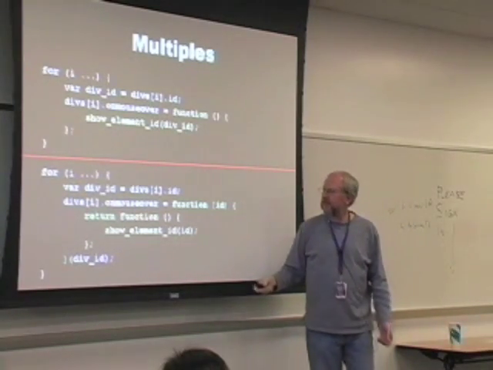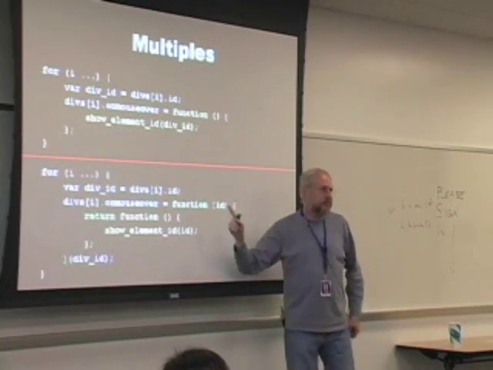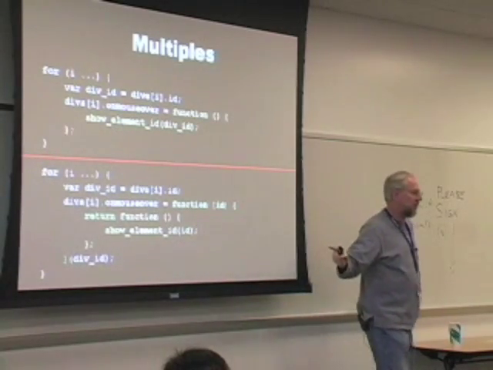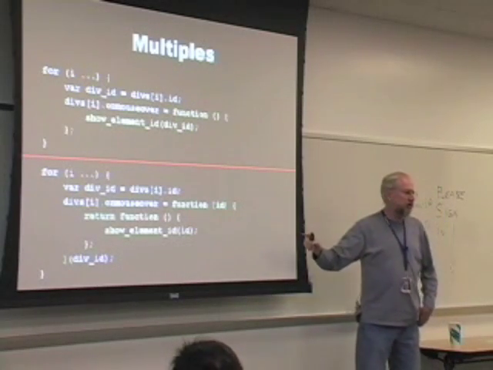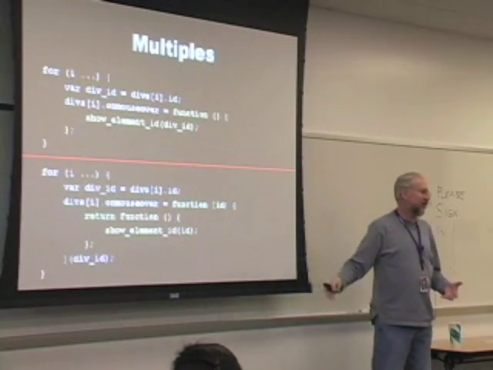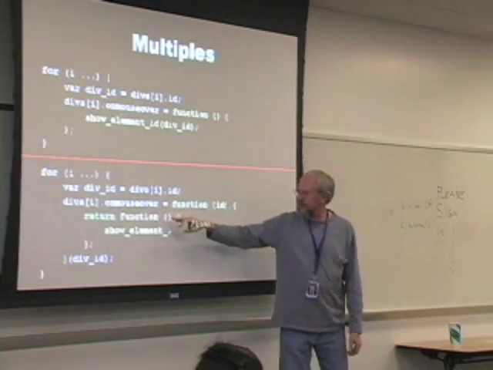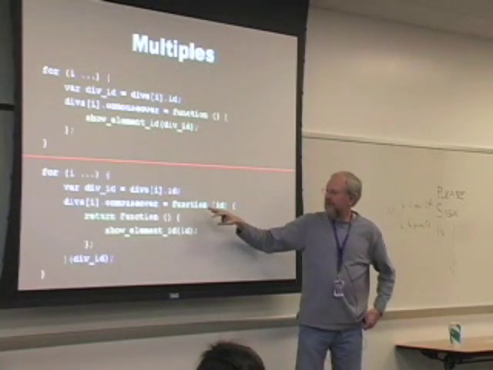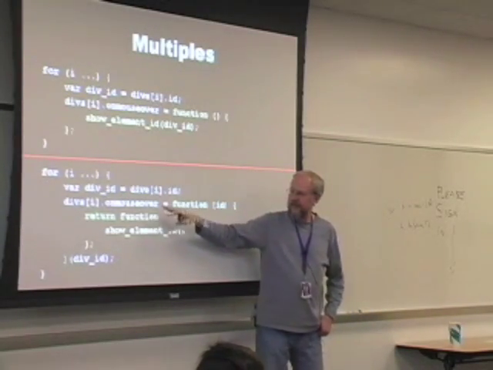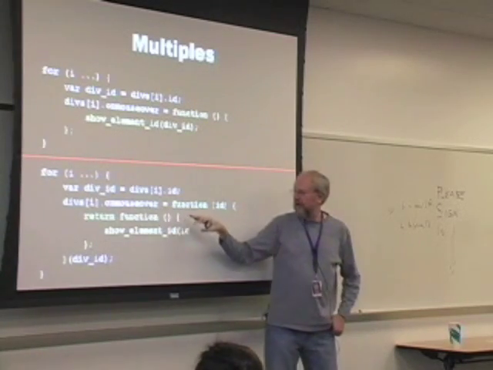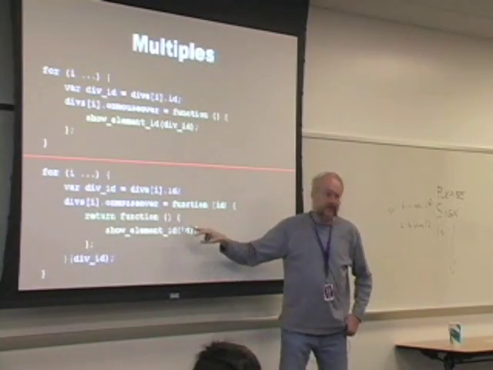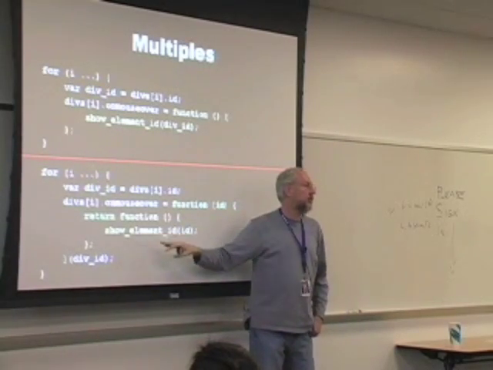So the solution, as with most problems in JavaScript, requires putting another function in there, and then everything works okay. So what we did was, instead of assigning this function to the handler, we assign the result of calling a function to the handler, which returns that function.